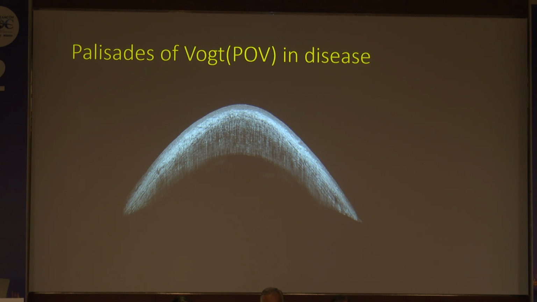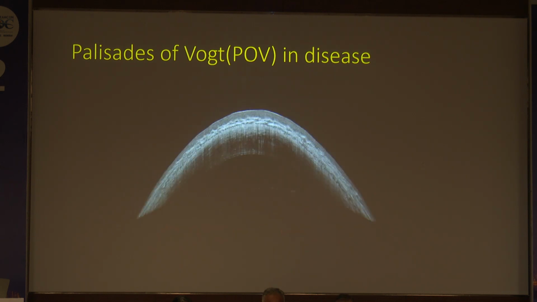Coming on to diseased individuals, this is aniridia associated limbal stem cell deficiency. There is absence of palisades of Vogt, but shadowing can be seen in the OCT. In post-keratoplasty LSCD, we can see absence of palisades of Vogt, also increased vasculature in the corneoscleral limbus.